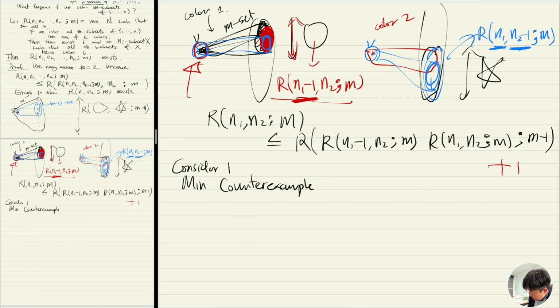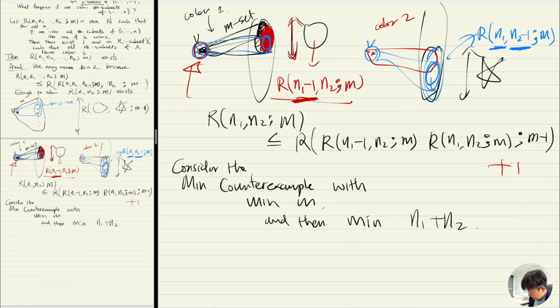Consider the minimum counterexample with minimum m. Which means that if m is smaller, I assume that this number exists, and then minimum n1 plus n2. So if this number is smaller, then I know that this Ramsey number exists, and these two exist because their sum is smaller.